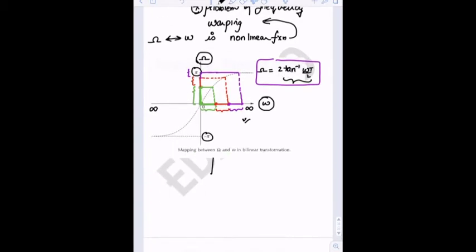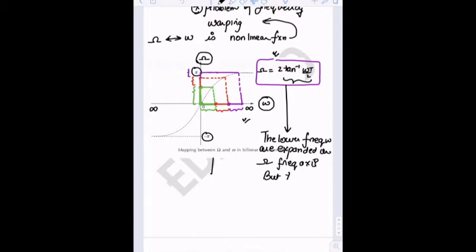Due to this nonlinear relationship, the lower frequencies of the continuous domain, that is the omega domain, are expanded on the digital frequency axis, but the higher frequencies of the continuous domain are compressed on the digital frequency axis. So this is what frequency warping is.